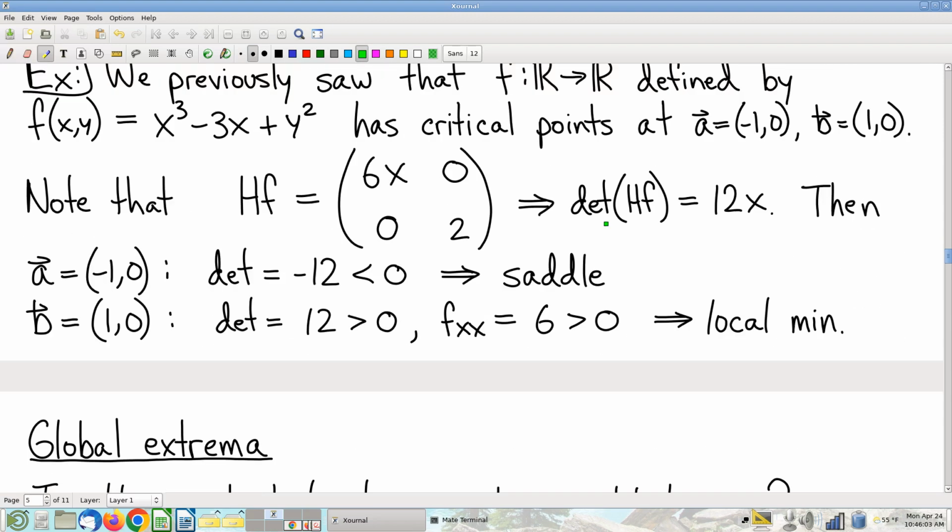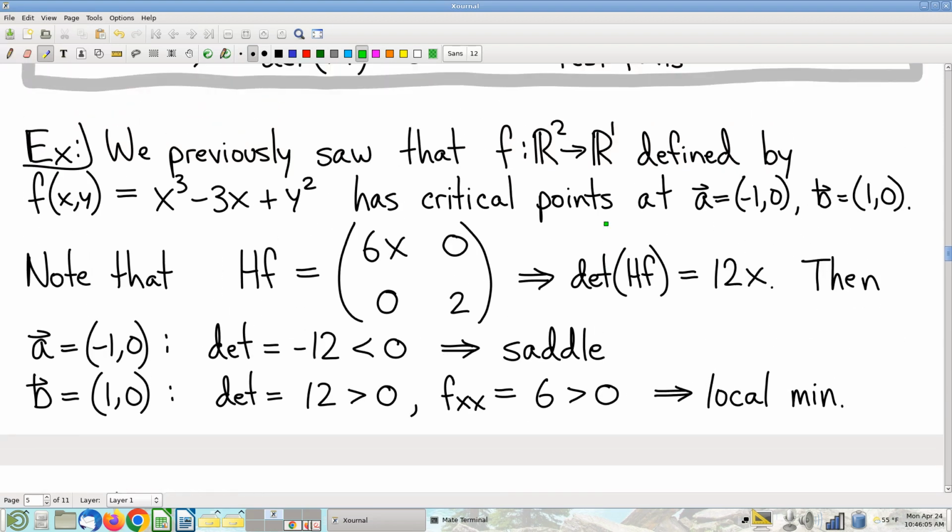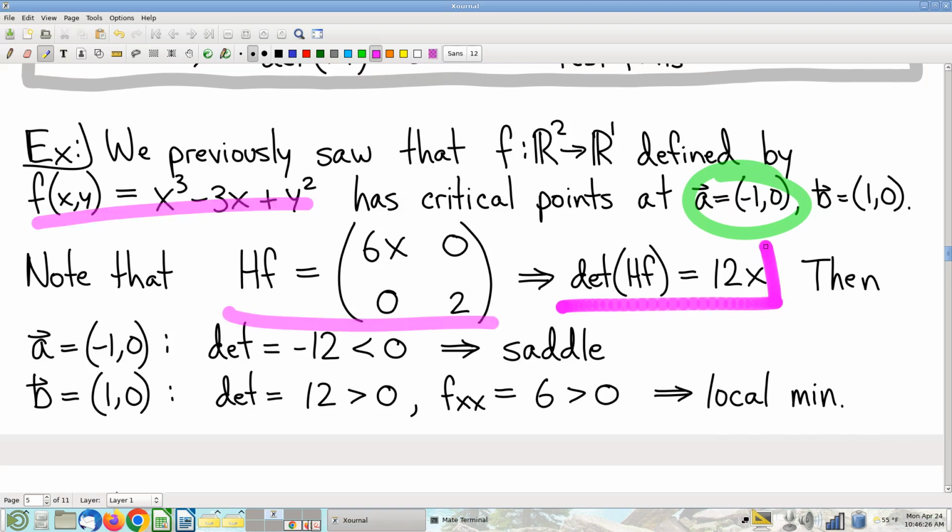Okay. So all this is a matter of plugging in. If we look at this function and we look at these critical points, let's classify them. We'll start with this point here, (-1, 0). Classify it. All right. Well, here's our function. Here's our Hessian matrix. There's the Hessian determinant.